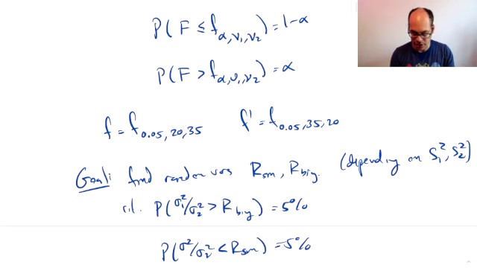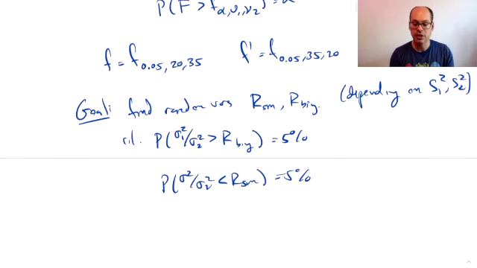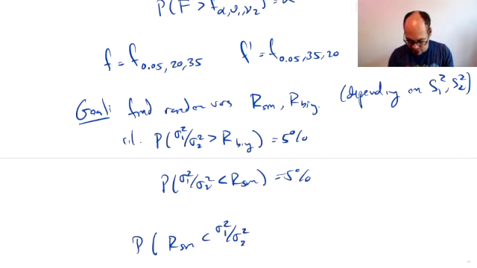So our goal is to find these numbers R big and R small, because if we did, then we would know that the probability that R small is less than sigma 1 squared over sigma 2 squared, which is less than R big, would be 90%, right?